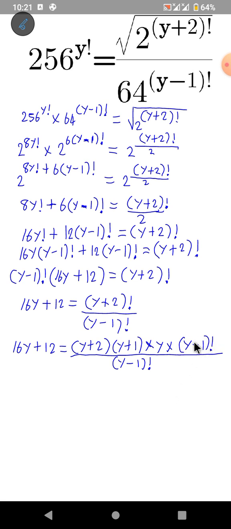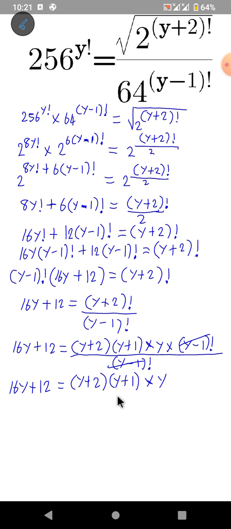Now y minus 1 factorial we divide it, so we are now left with 16y plus 12 equal to bracket y plus 2, y plus 1 times y.